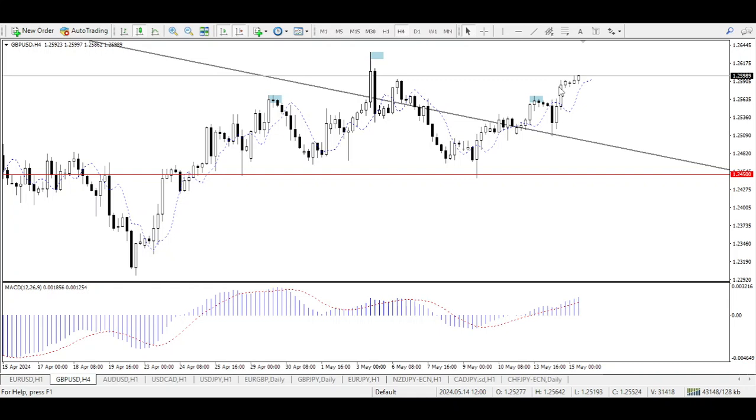Those numbers came in less than expected, and since then the US dollar has been losing. So I think the poor non-farm payroll, poor PMI, and expectation of less than forecast CPI has already been priced in.